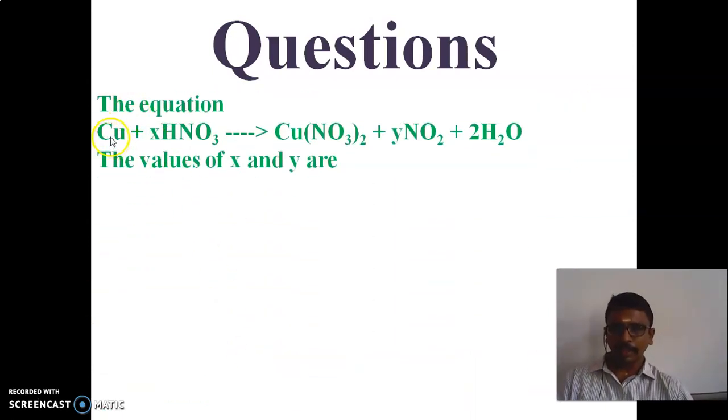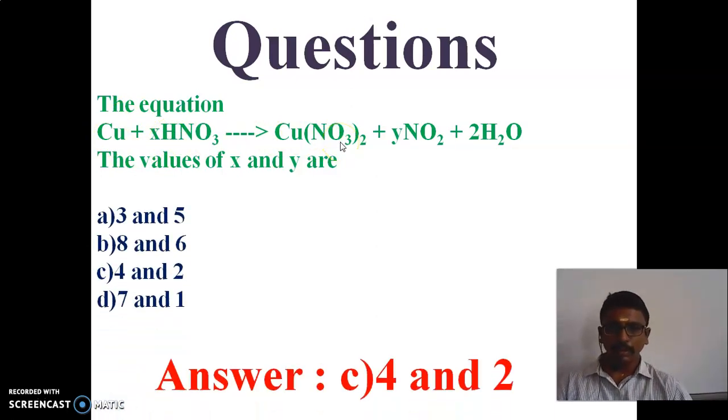The equation Cu plus HNO3 gives CuNO3 plus YNO2 plus 2 molecules of H2O. So here we have to balance that equation. So hydrogen, here it will be 4. Here only 1. So if we put 4 here, then hydrogen will be 4 and nitrogen here will be 4.